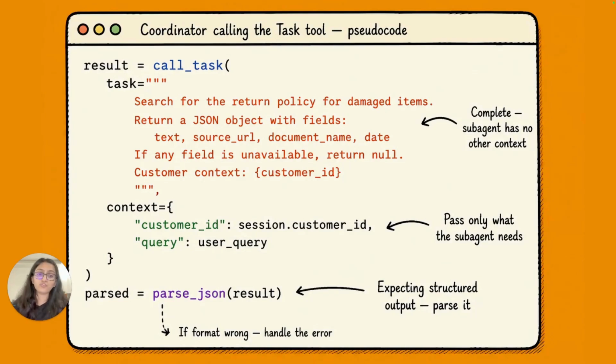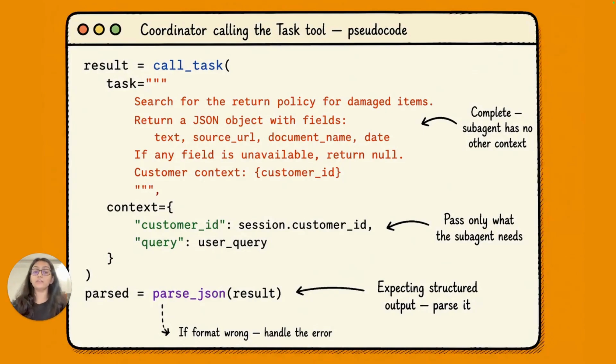If the sub-agent didn't follow the format, if it returned plain text instead of JSON, the parse fails and the coordinator needs to handle the error. The parse step is where the output format specification from video 2 becomes a mechanical requirement, not just a good practice.